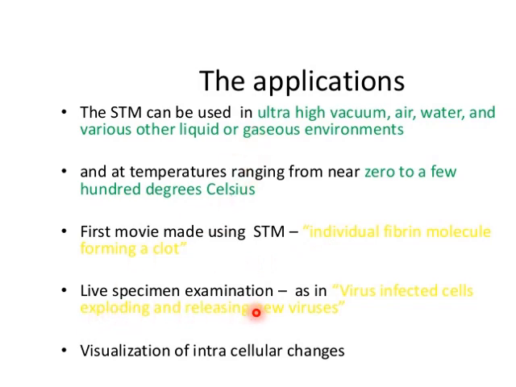Live specimen examination can be done with STM, such as virus infected cells exploding and releasing new viruses. These things we can see live in STM. We can see visualization of intracellular changes because we can make videos with STM.